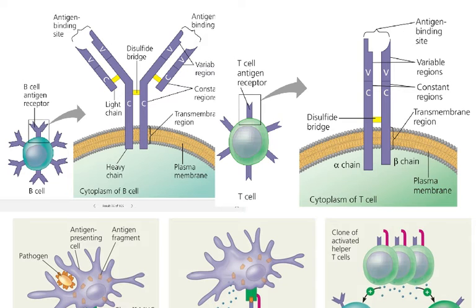And for the B cells, there are actually soluble or not membrane-bound versions of these receptors, and they are called antibodies. And that's something that you've probably heard of before. Antibodies are going to go out in the bloodstream and throughout the body and neutralize pathogens by binding onto them so that the pathogens can't really bind to your cells or do stuff with your cells.